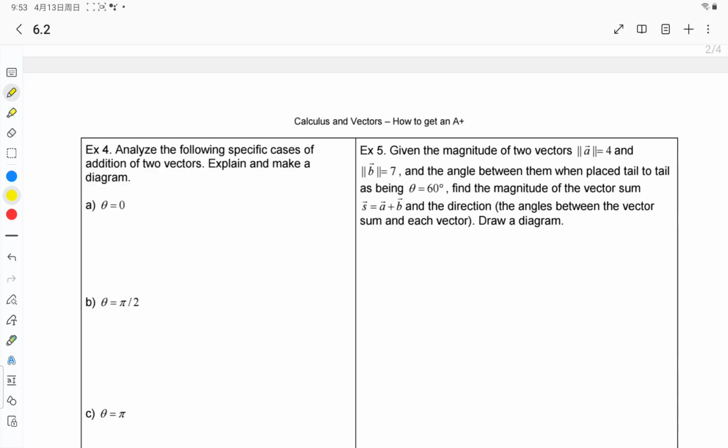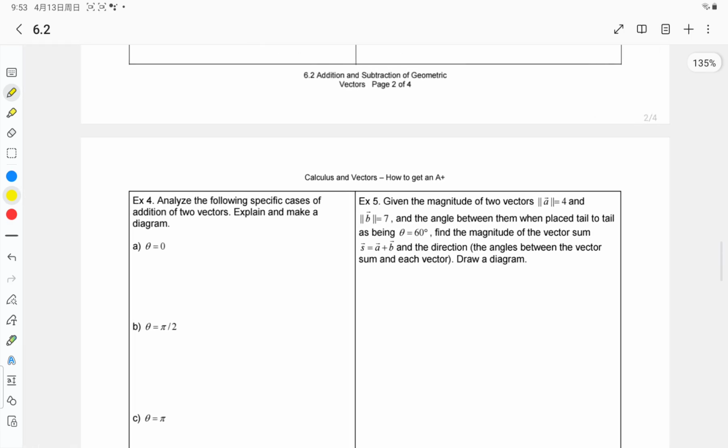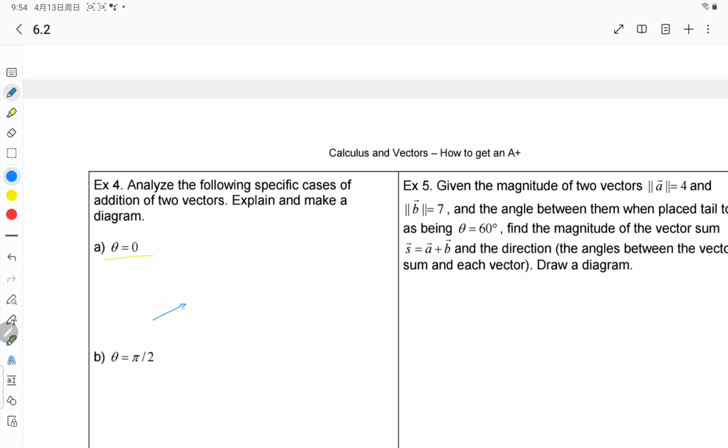Okay, so analyze the following specific cases of addition of two vectors. If theta is 0, then they are in the same direction, right?